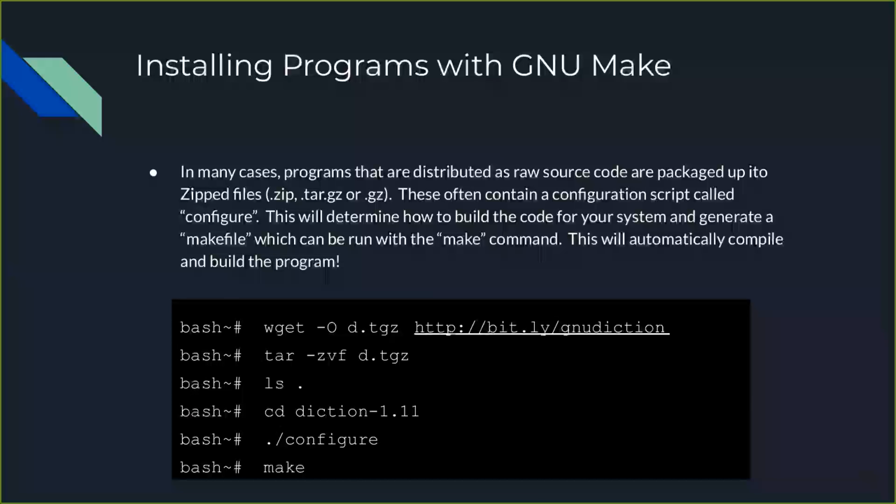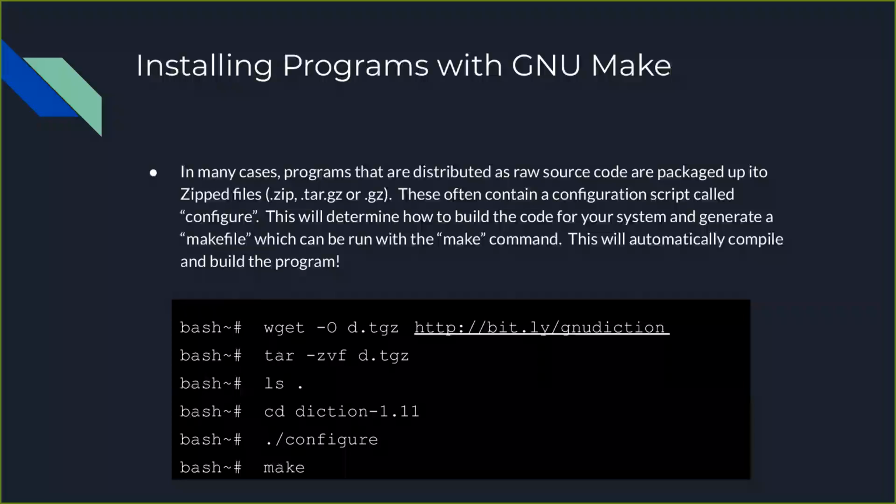Just running a compiler on a piece of code works really well if your program is small and only has a couple of different files. But more often than not, the programs you're going to install contain dozens or hundreds of files, and you don't want to compile and link each one of those together by hand.